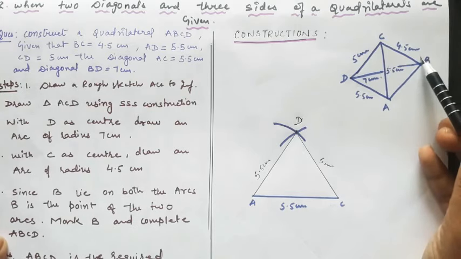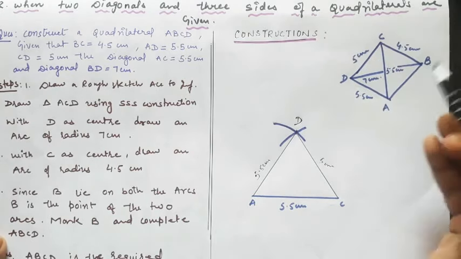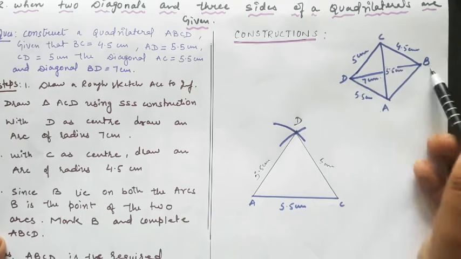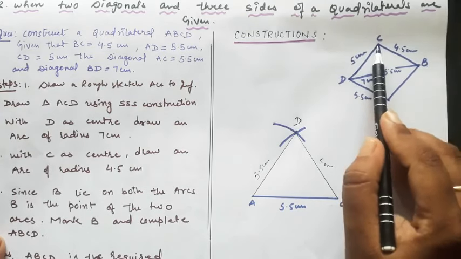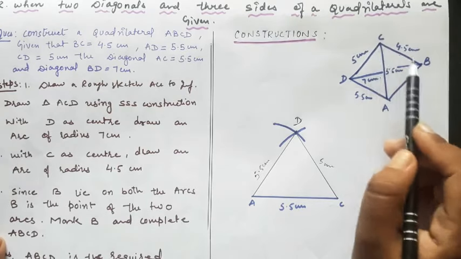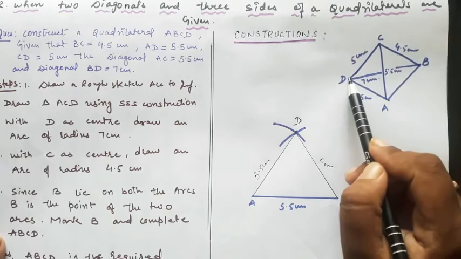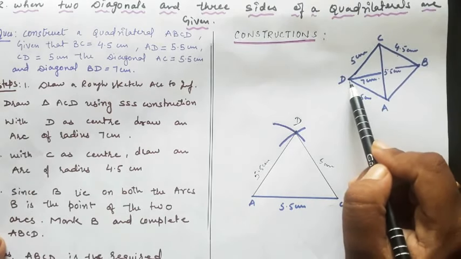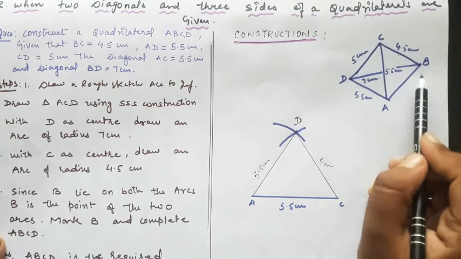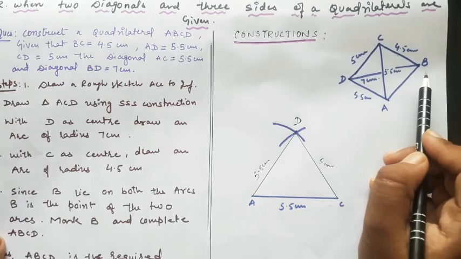We could see that B is a point which is opposite to D. So with C as a center and 4.5 as a radius, we could put one arc here from C, and similarly with D as a center and 7 as a radius, we could put one arc here. Both the arcs will intersect at some point and we can mark it as B point.